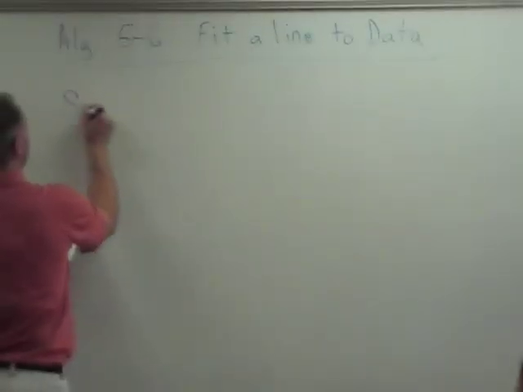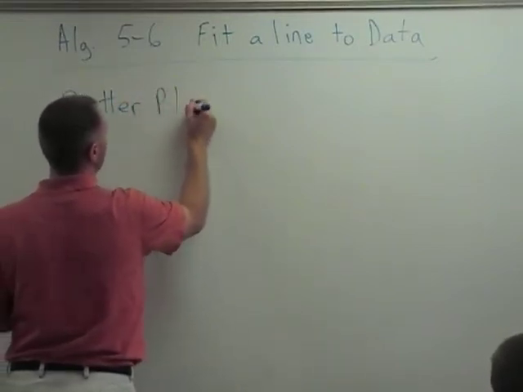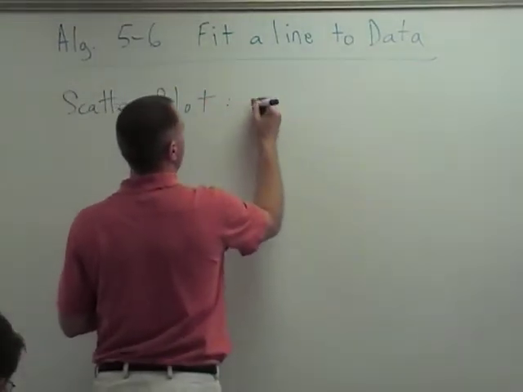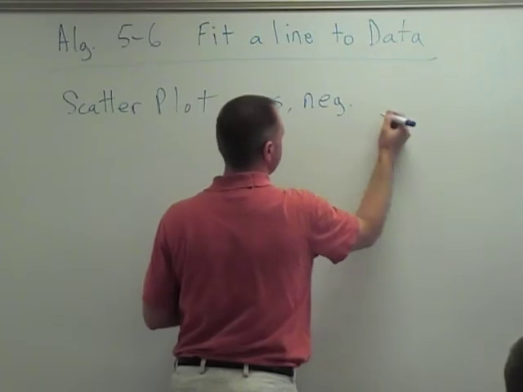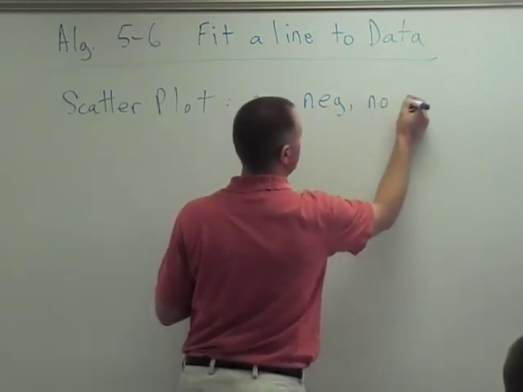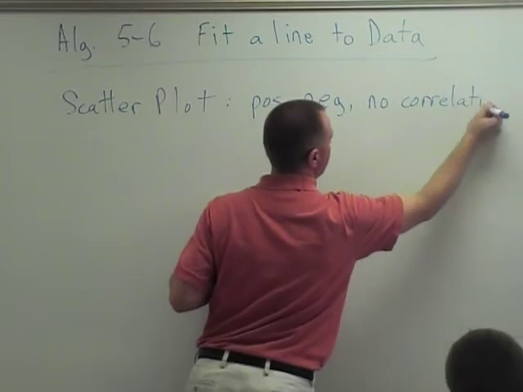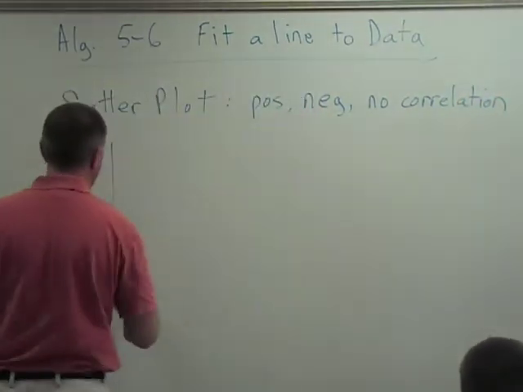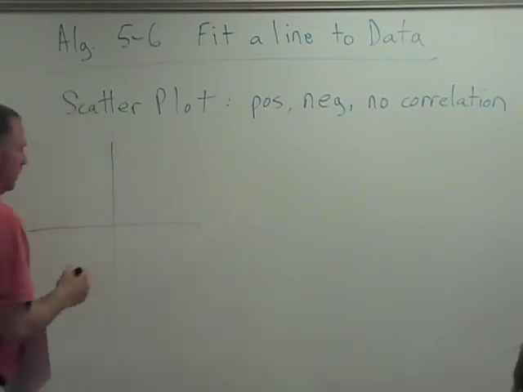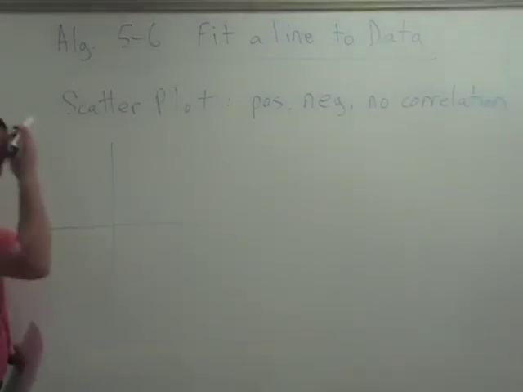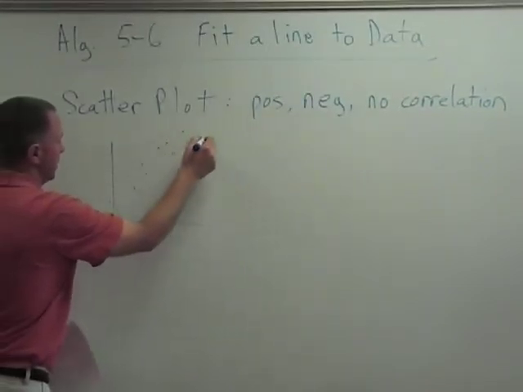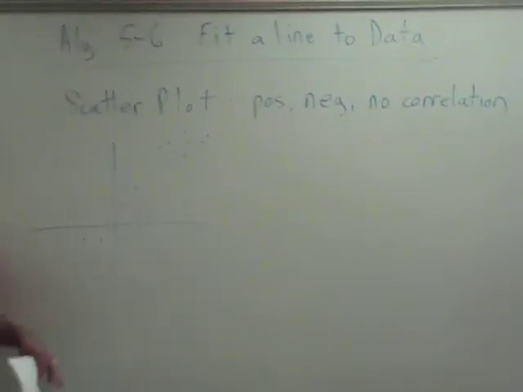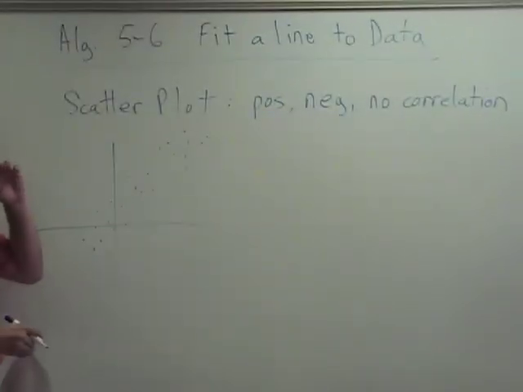All right, so you're going to have a scatter plot, and there'll either be a positive correlation in your data, negative correlation, or no correlation. And here's what that looks like. A positive scatter plot would have points that appear to go up to the right. That would be a positive slope of this data, positive correlation.